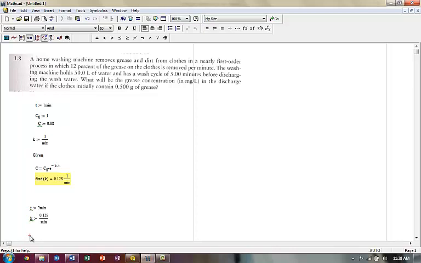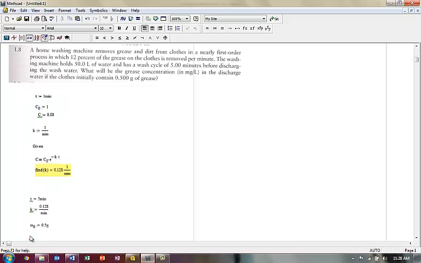Let's see, so our M0, so this is our mass that we had at the start that was on our jeans, so M period 0 would be equal to 0.5 grams. Alright, so 0.5 grams of grease that we have on there. Let's make some room here. And so let's do another given find.